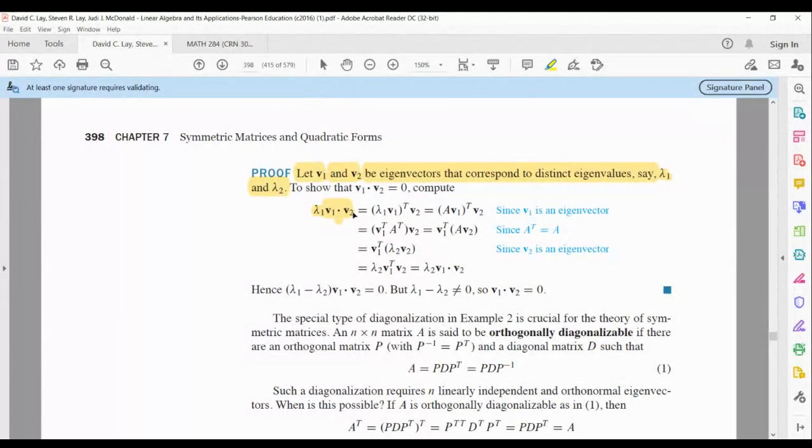Now, lambda 1 V1 dotted with V2 is equivalent to lambda 1 V1 transpose times the vector V2. But since V1 is an eigenvector, lambda 1 times V1 can just be written as A times V1. Let me know if you have any questions. So far, so good?